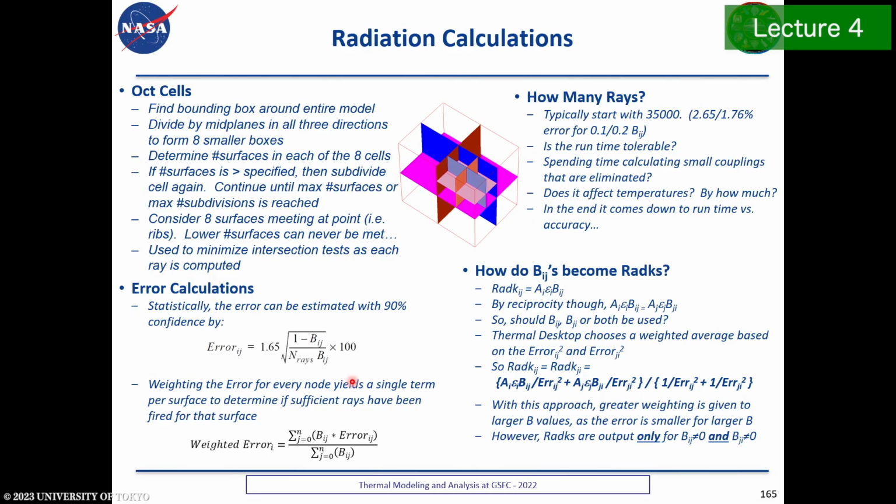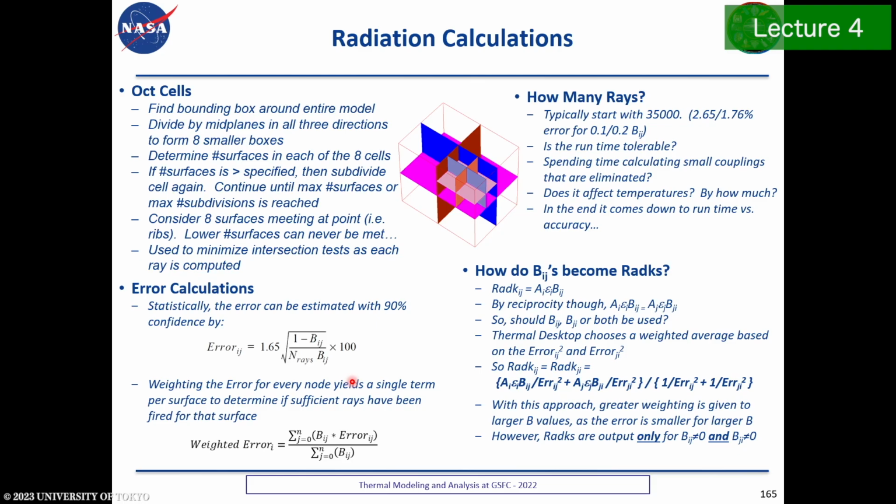So it keeps dividing each oct cell smaller and smaller until you have reached a maximum number of levels to go down, or a maximum allowable number of surfaces inside the cell. Now, one thing to be cautious with is don't make the number of surfaces too small, because if I have 4 elements here and then 4 ribs here, well, this node here is in contact with 8 surfaces.